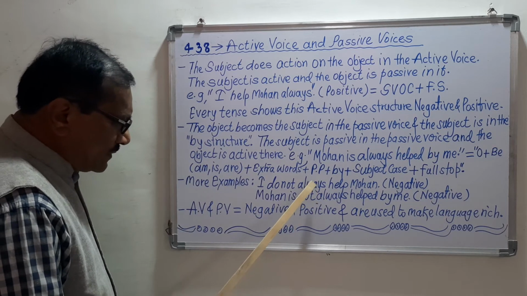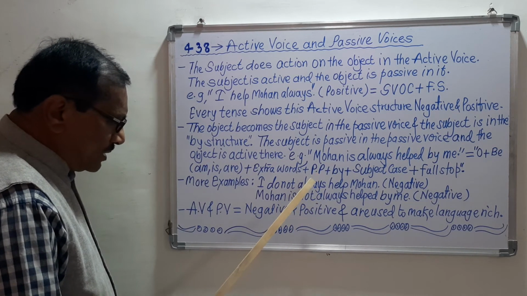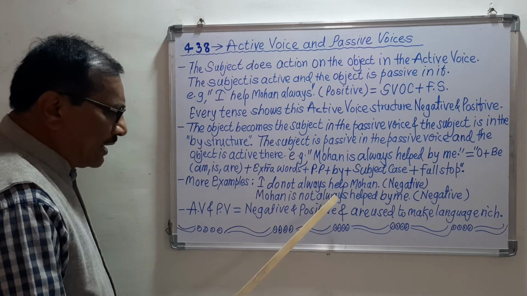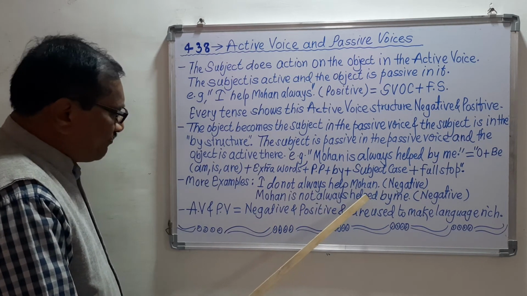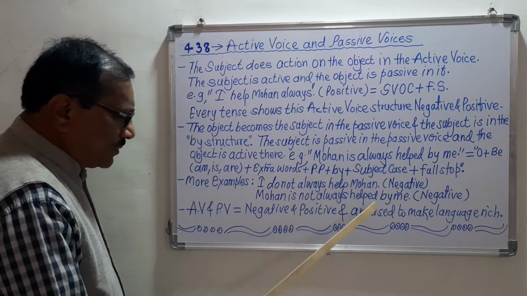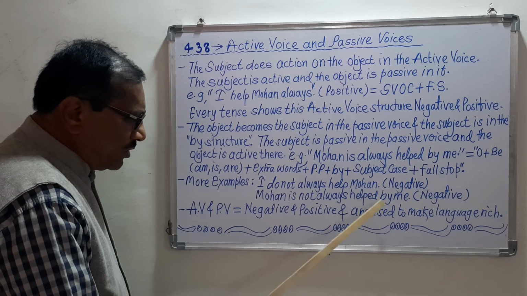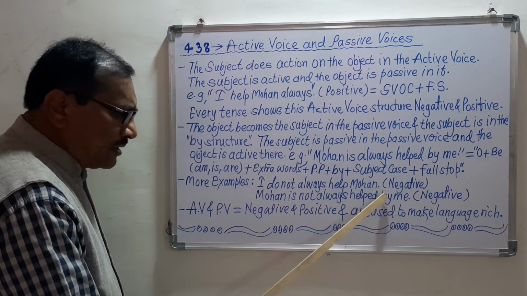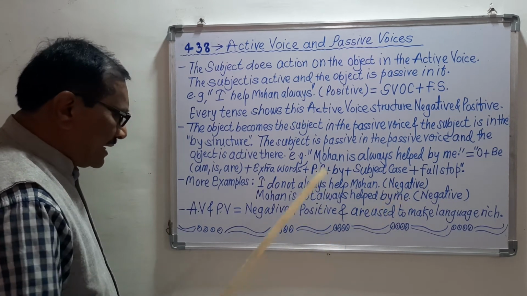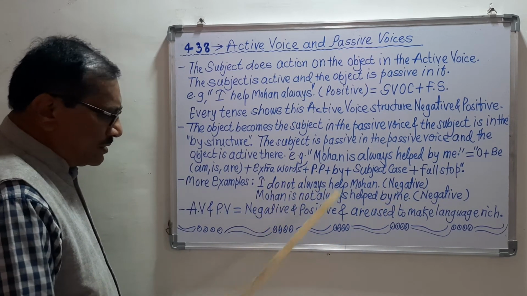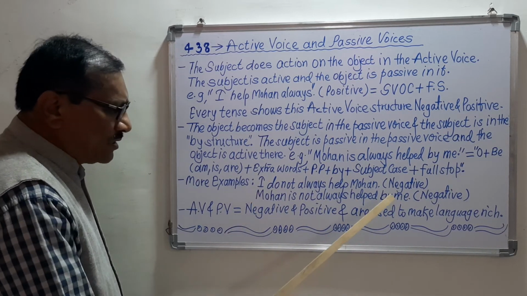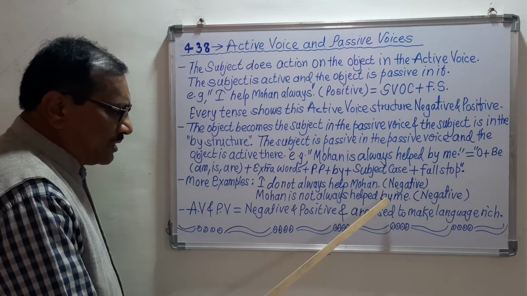And then this extra word, or complement, or helping word, I have taken here, and then I have taken the PP of this main verb. Then I have taken "by" here, and then this "I" has become "me", which means I have made the subject case, and I have taken "by" here.